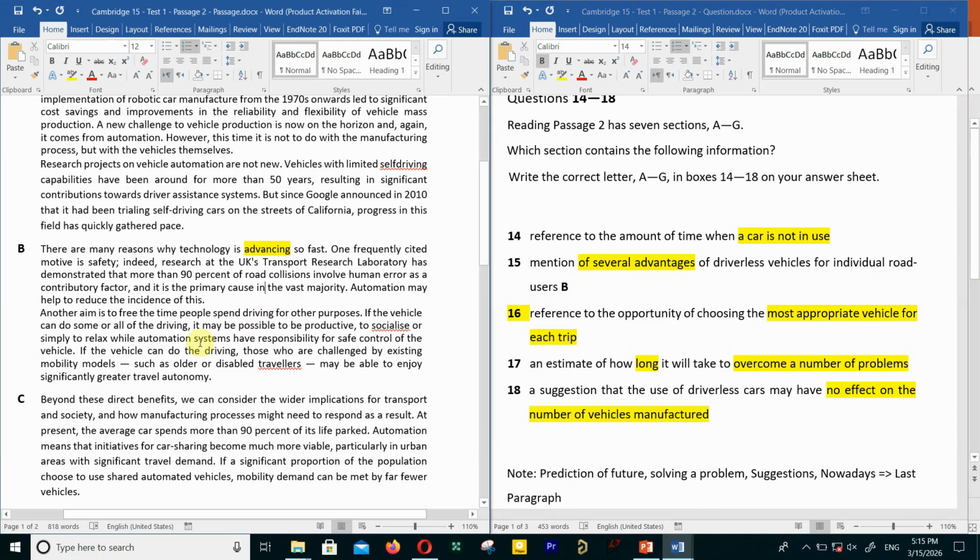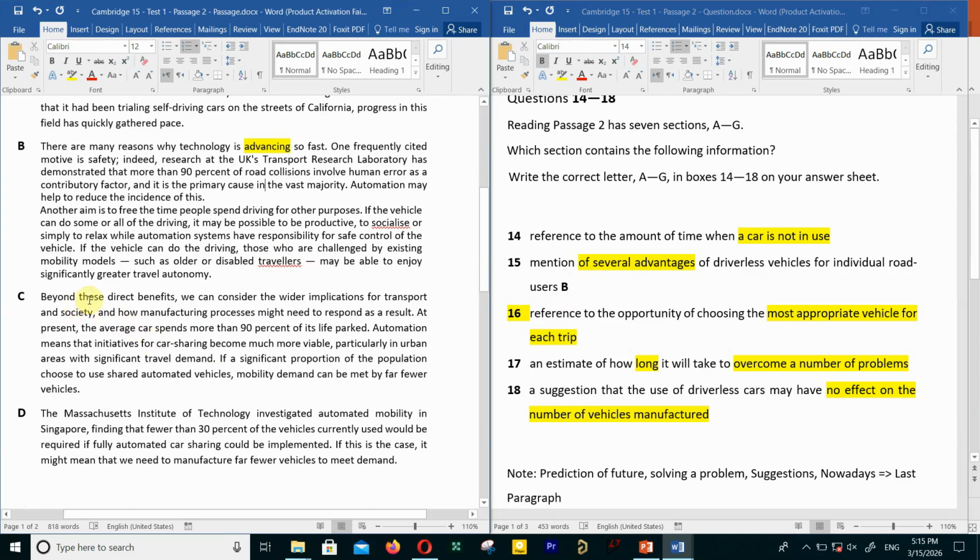So here, paragraph C. Beyond these direct benefits, which is already mentioned in paragraph B, we can consider the wider implications for transport and society, and how manufacturing processes might need to respond as a result.